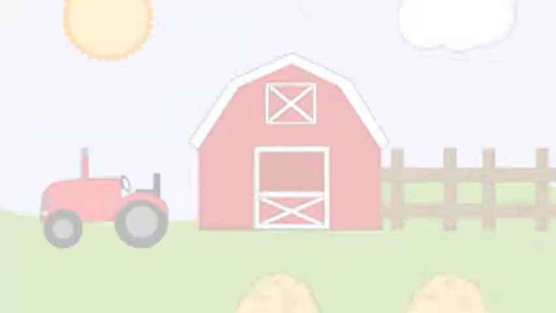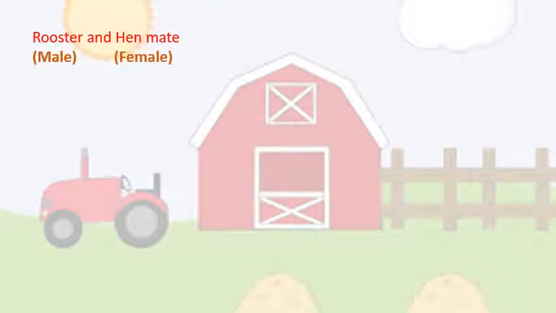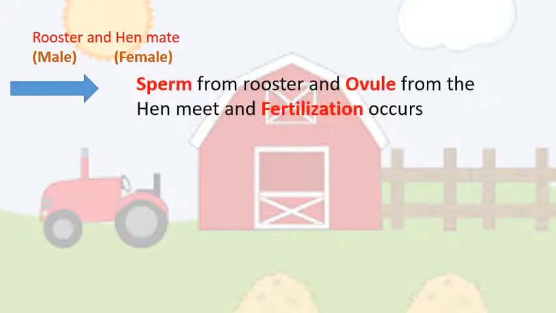Now, to summarize things, we have a rooster and a hen. The rooster is the male and the hen is the female. They mate. Together they get married. Now, sperm from the rooster and ovule from the hen meet and fertilization occurs.